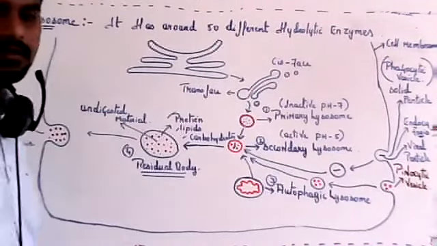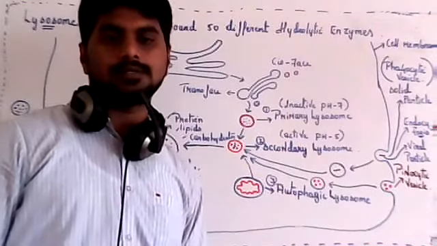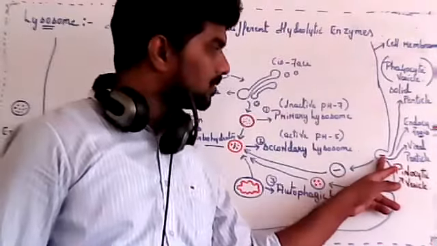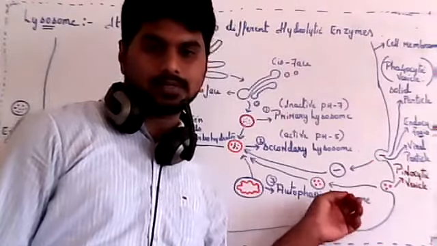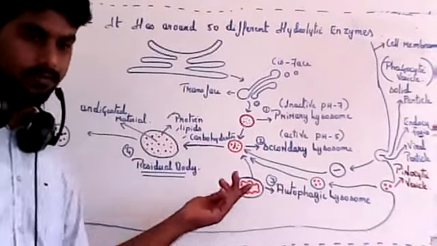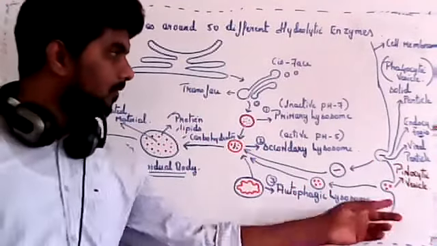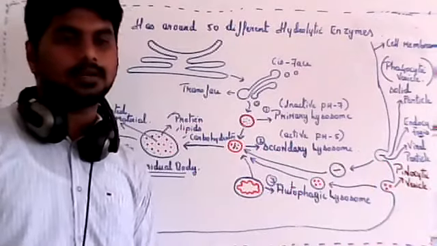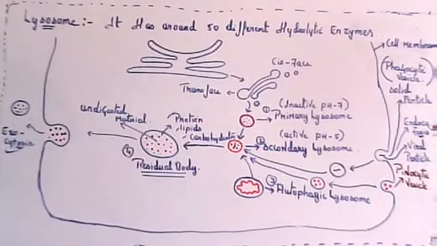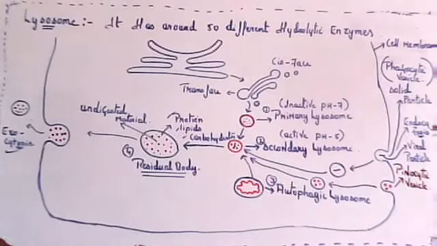If a solid particle is moving in, or a vesicle is moving inside, that is called endocytosis, and if a vesicle is going outside, that is called exocytosis. So if something is moving inside by forming a vesicle, that is endocytosis, and if something is moving outside with the help of a vesicle, that is exocytosis. Two different terms.